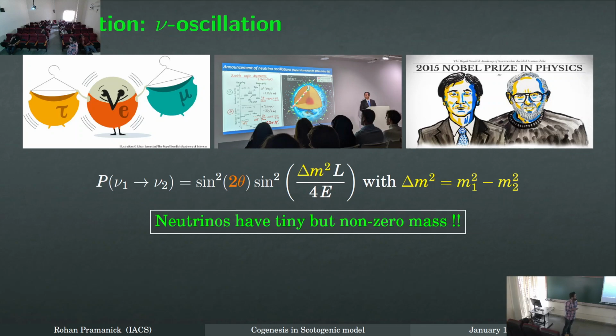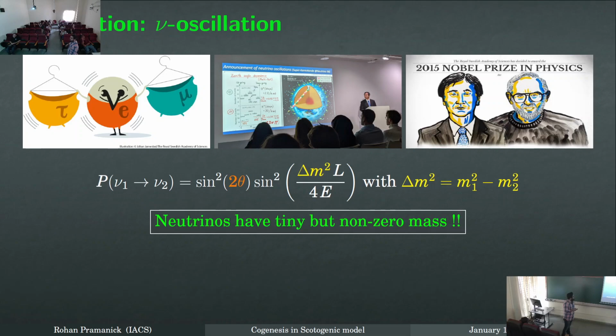So we have this evidence of neutrino oscillation, which suggests that neutrinos should have some non-zero mass, but as you have seen earlier, they remain massless within the context of the standard model, which is one of the motivations to do physics beyond the standard model.